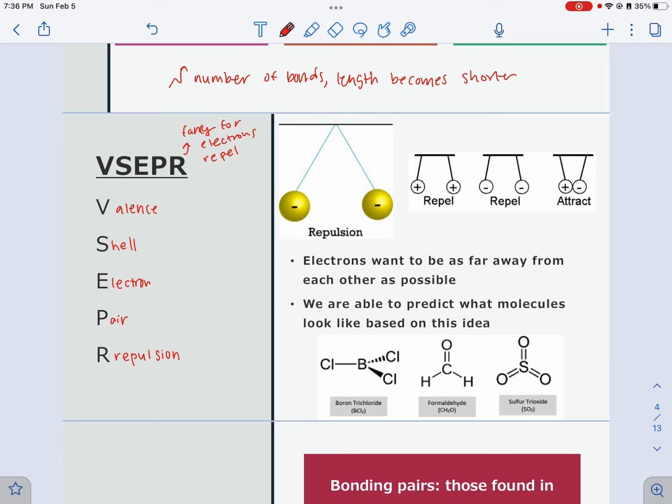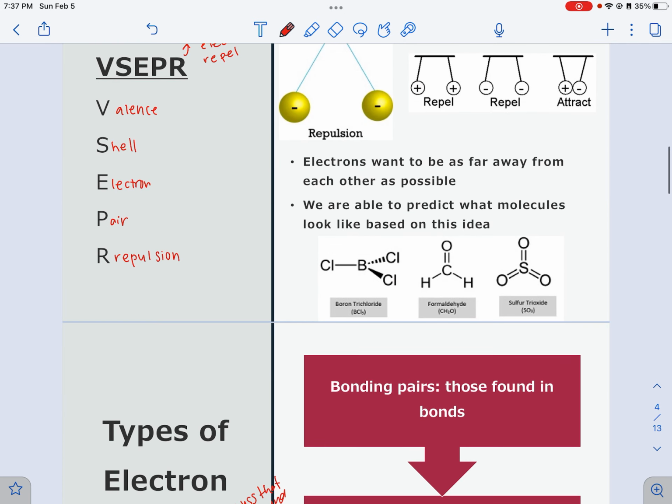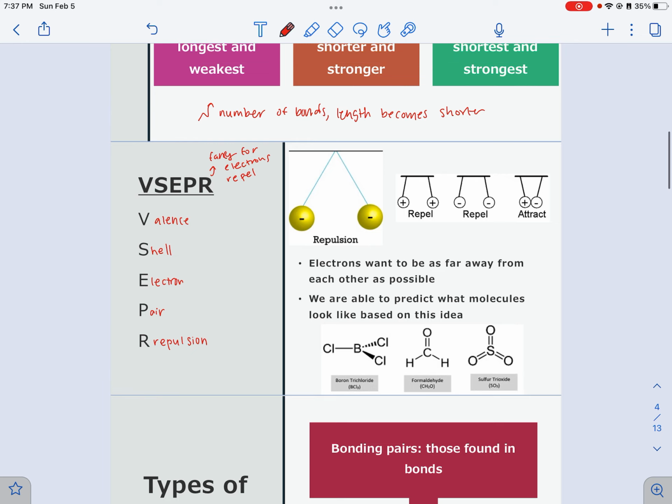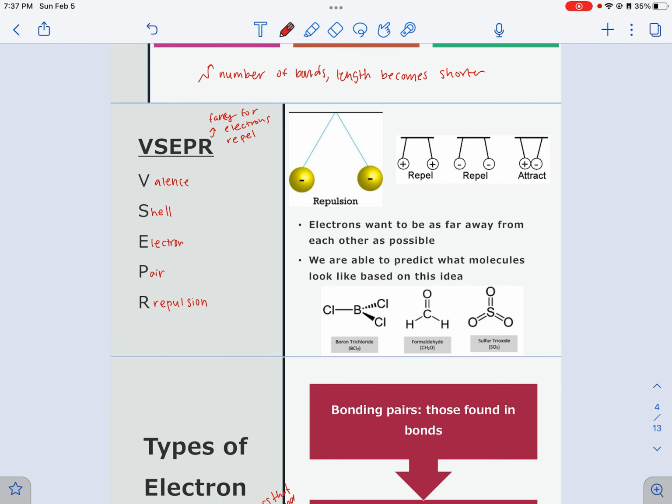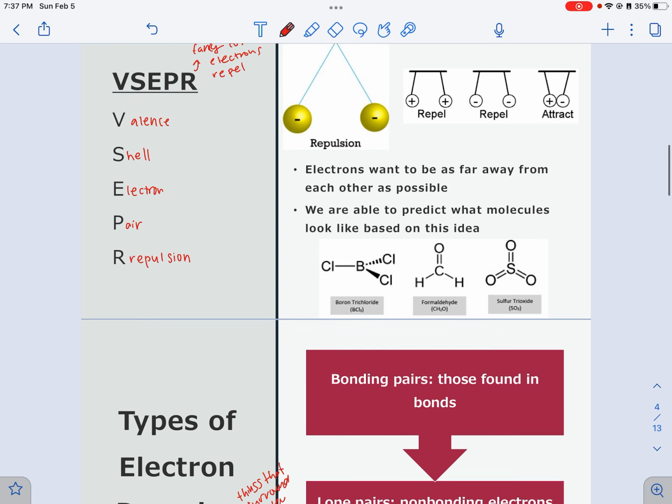You can also call it repulsion. Electrons want to be as far away from each other as possible. These two are away from each other. And we can predict things like that with a shape. So that's really all you need to know about that.